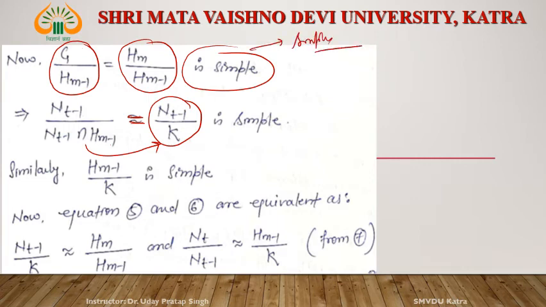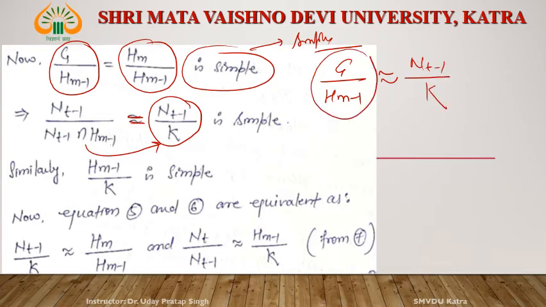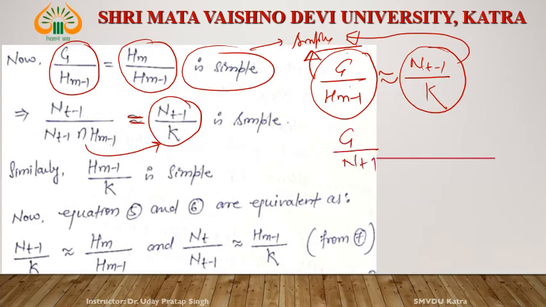Okay. And since G by Hm-1 is isomorphic to Nt-1 by K, and this is simple, then Nt-1 by K is also simple. Similarly, G by Nt-1 is isomorphic to Hm-1 by K. What is G by Nt-1?